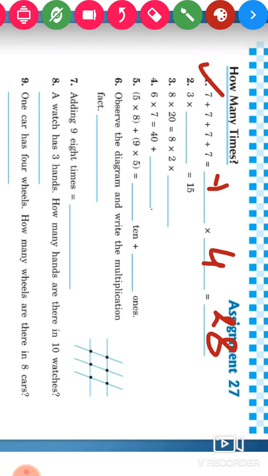Now, question number 2. 3 multiplied with what will give us 15? Okay, now tell me kids. 3 multiplied with which number will give us 15?